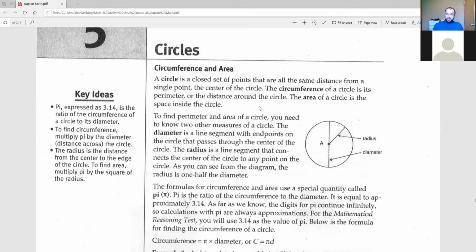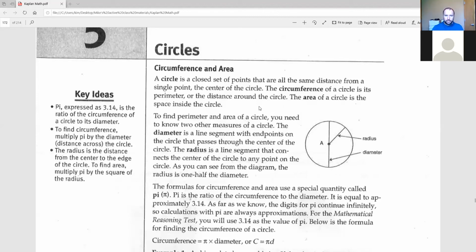The difference is a circle has no sides, or it has just one continuous side, right? And so to figure out, first of all, the area, but secondly, the circumference, which I'll explain in just a second, we have to have different types of formulas than we do for, say, a square or a triangle or a rectangle, okay?